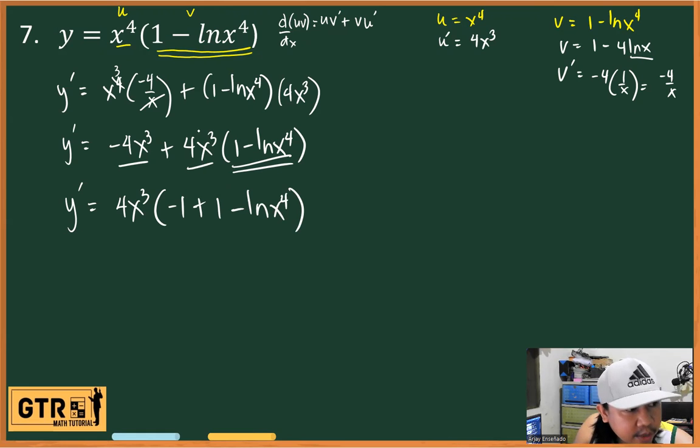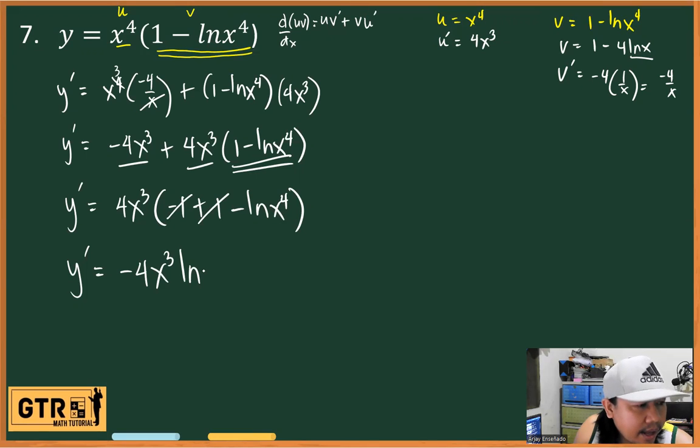Okay? Or it is the same answer if we distribute this 4x cubed, because this will cancel. So we have negative 1 plus 1. This will be 0. So cancel out. So therefore, the final answer is, we have 4x cubed and negative ln x to the fourth. So put the negative sign in front. So we have negative 4x cubed ln x to the fourth.